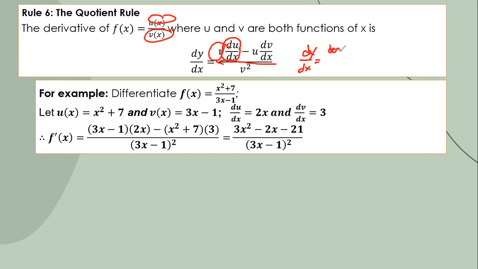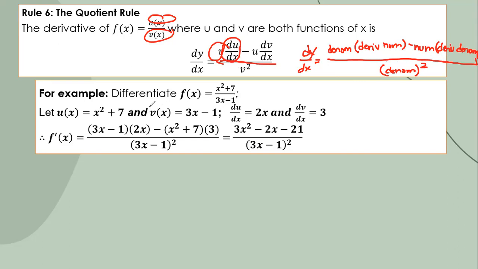The denominator multiply to the derivative of the numerator minus the numerator multiply to the derivative of the denominator, all over v squared daw. So, i-square mo yung nasa denominator.